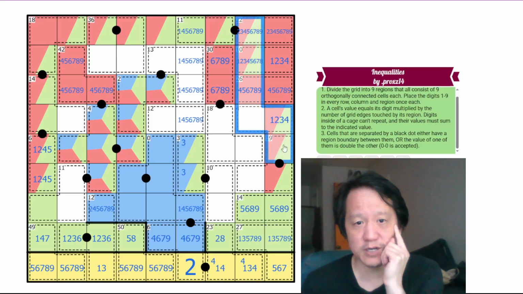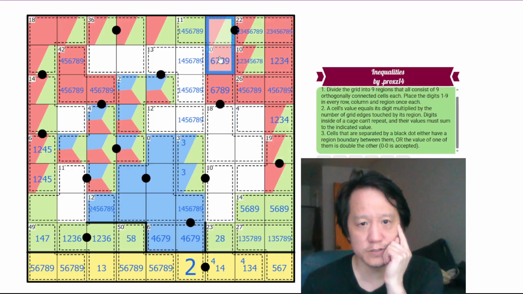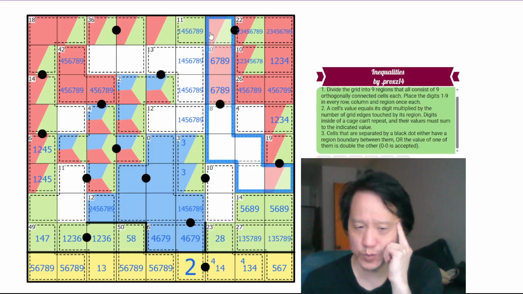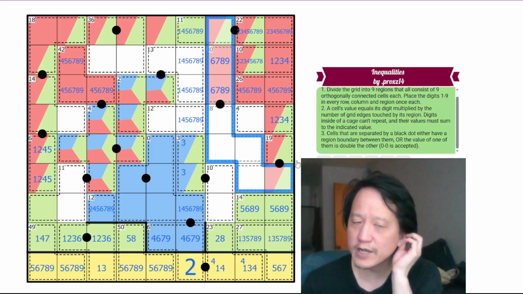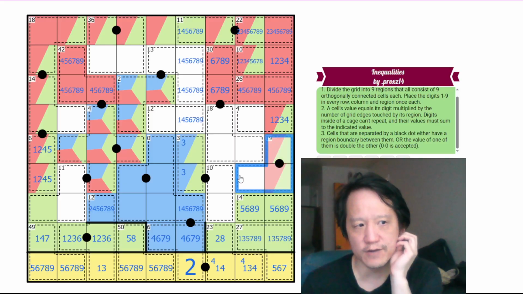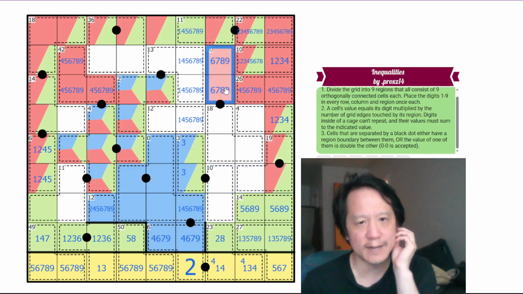And then this becomes a 9 cell region at best. 1, 2, 3. And the problem is we would have to go this way to touch both edges. But these will all be red in that case, and therefore doubled and can't add up to 19. So this cannot be a separate region.